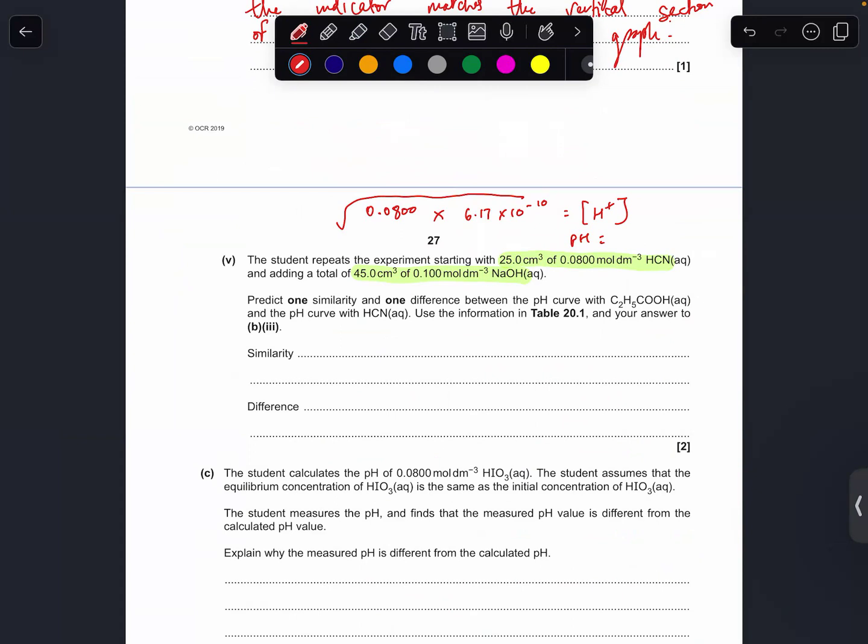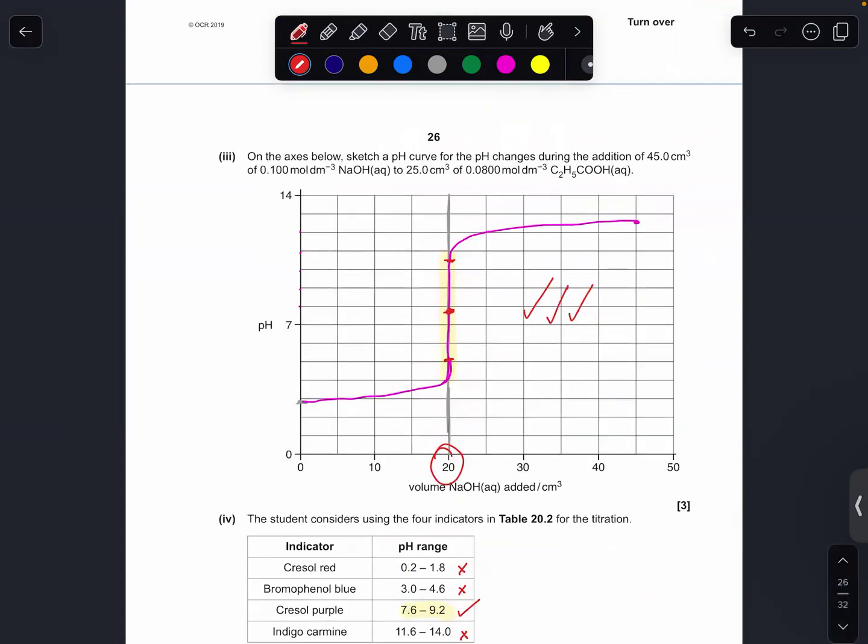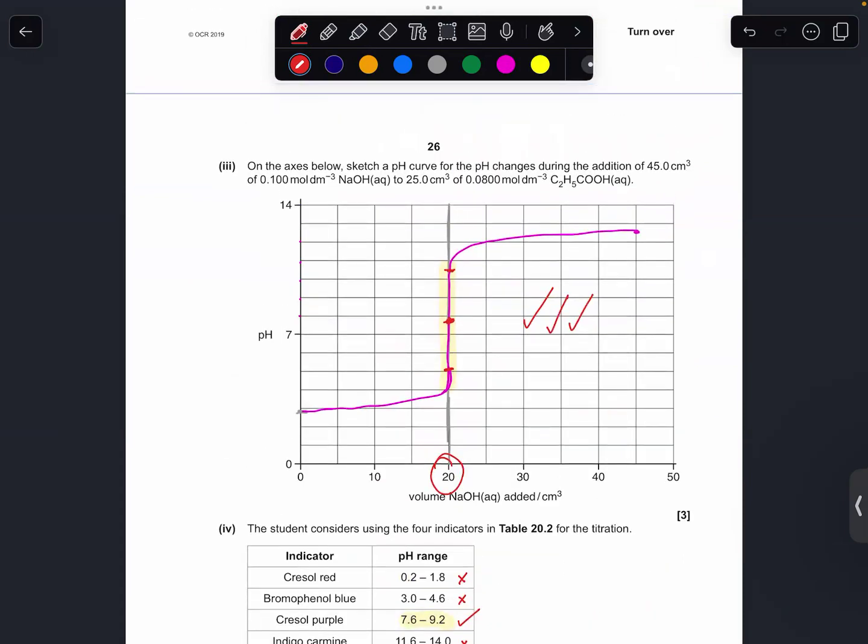We've got 5.15. So the starting pH should be around 5.15. Let's get a different color pen here. 5.15, you'll be looking around about here.